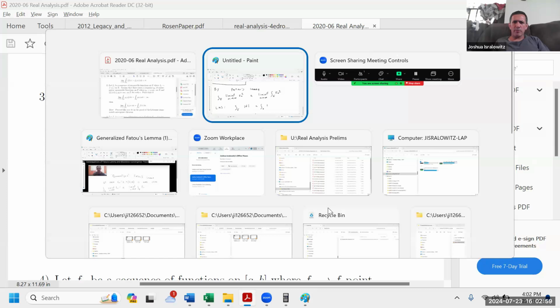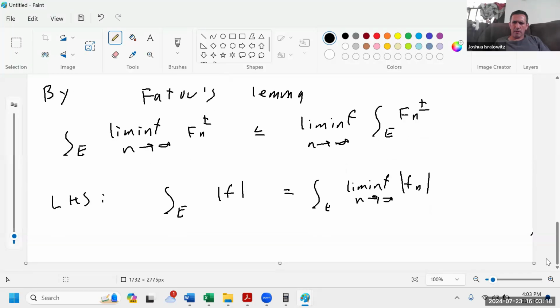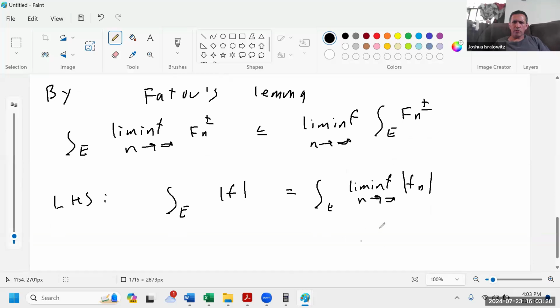So particularly absolute values converge almost everywhere and are non-negative. I mean, really, you could just say by Fatou's. You don't have to go through all these steps. Let me explain that in a second.